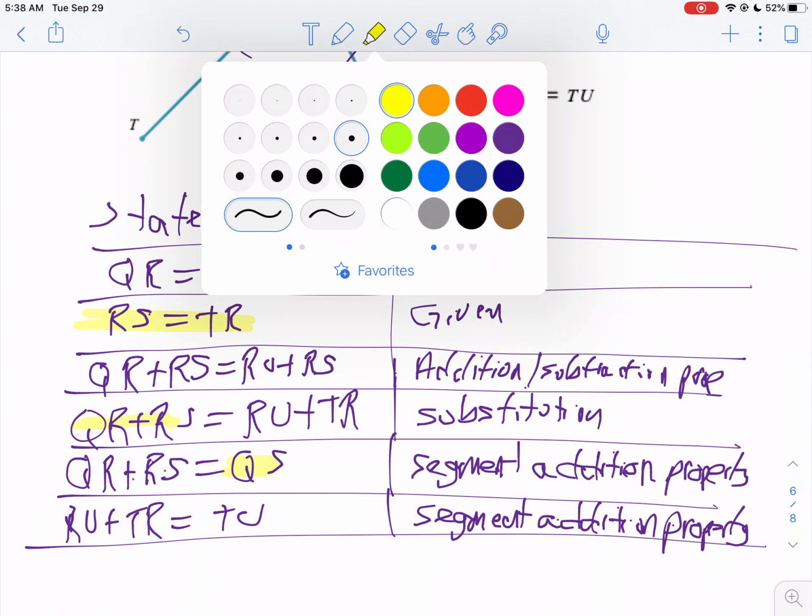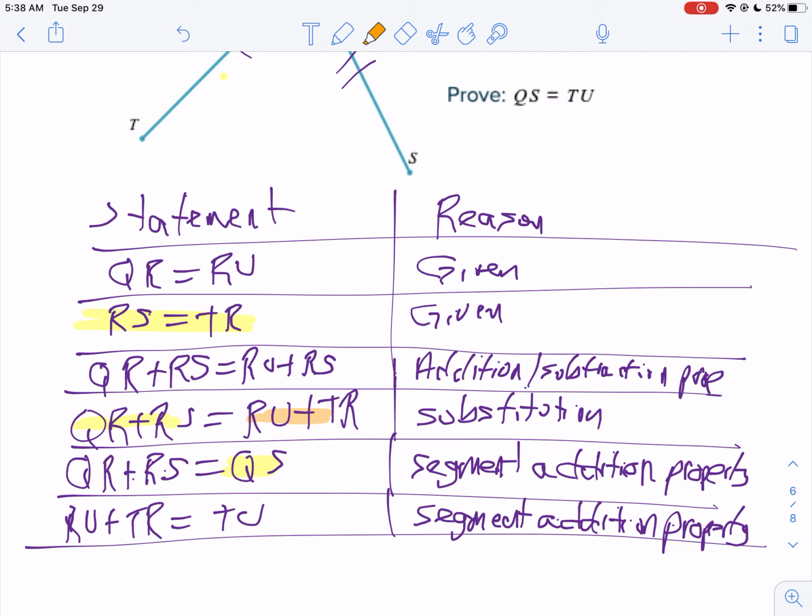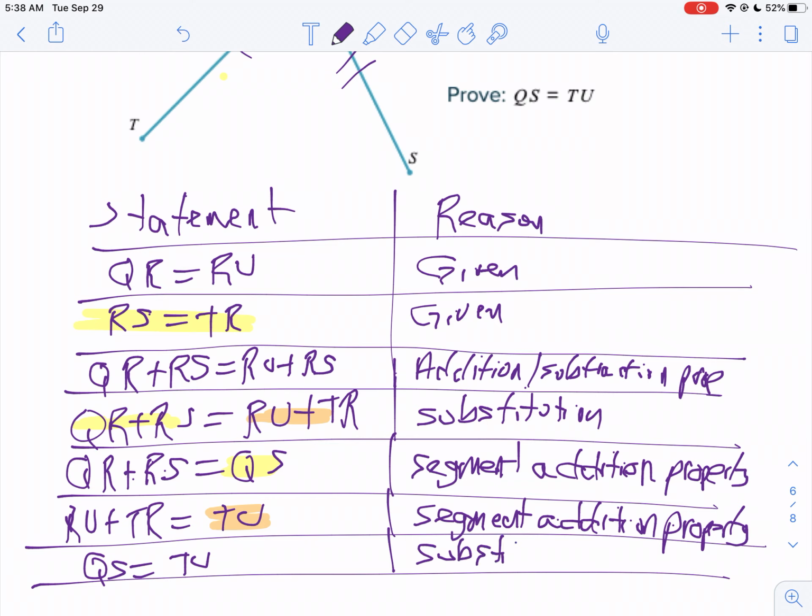RU plus TR, well, that's TU. So instead of writing QR plus RS, I can write QS. Instead of writing RU plus TR, we can write TU, and that's what you're supposed to prove. And that is substitution, when you write something instead of something else.